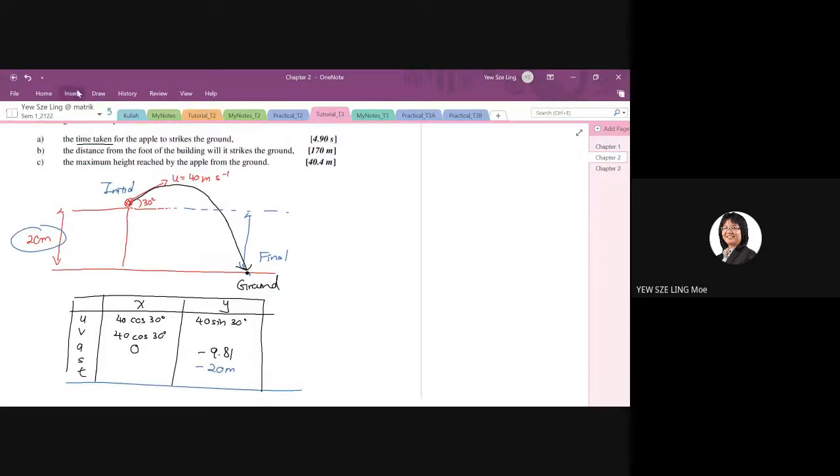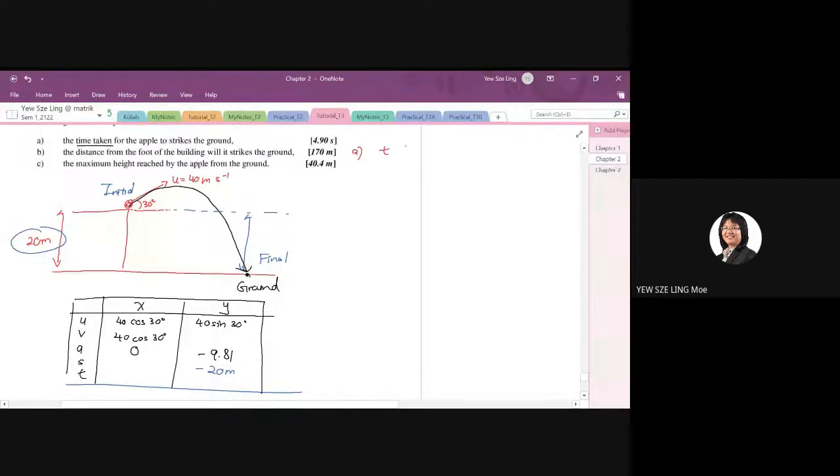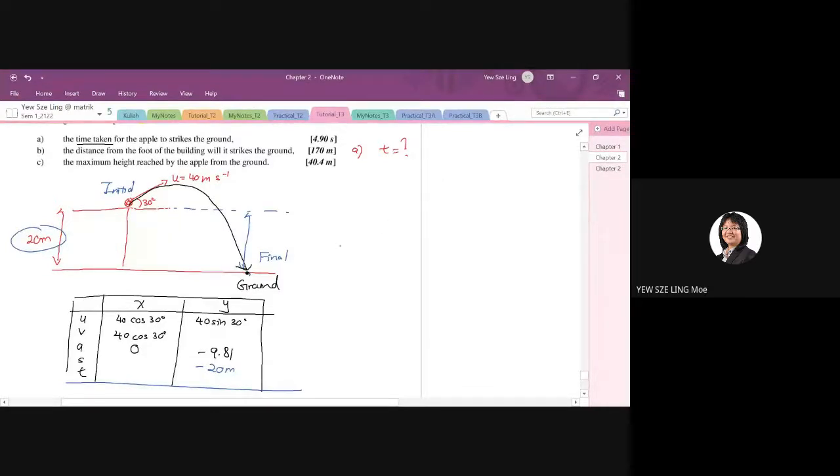Question A asks you to calculate the time taken for the apple to strike the ground. So you want to calculate time, which we don't have. Do we have enough information along the X component? Again no, because we don't have Sx, and without Sx we cannot calculate time. So once again we use the Y component, where we have Uy, Ay, and Sy.